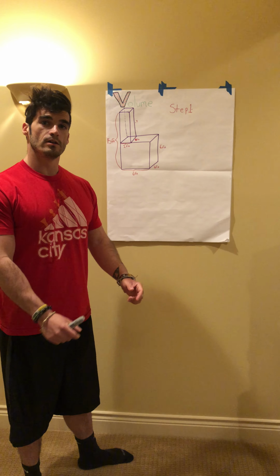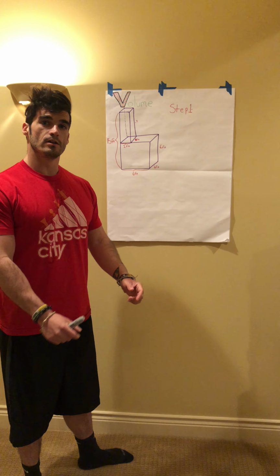Then this side right here, the width is 6 feet. And the height is the mystery side that we're missing. If I look at my cube, I notice that I have all the measurements that I need. I have 6 feet by 6 feet by 6 feet. So that one is quite simple.